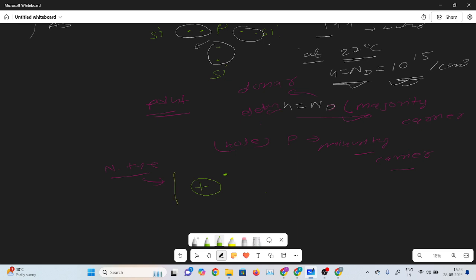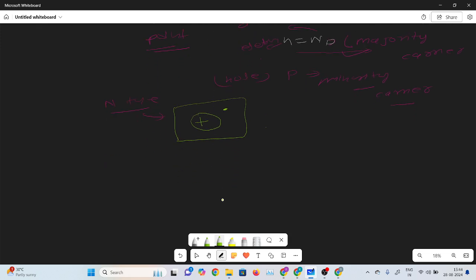So the representation is like this, and this is the electron. It will donate one electron to the lattice. And another thing, if anyone asks, since it donates the electron, it is positively charged.